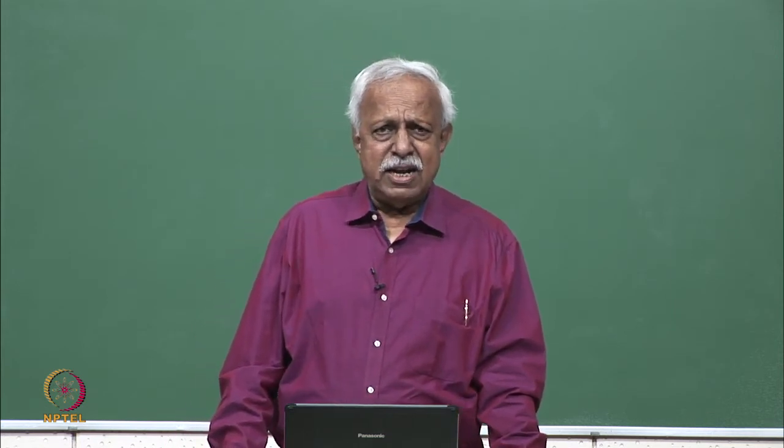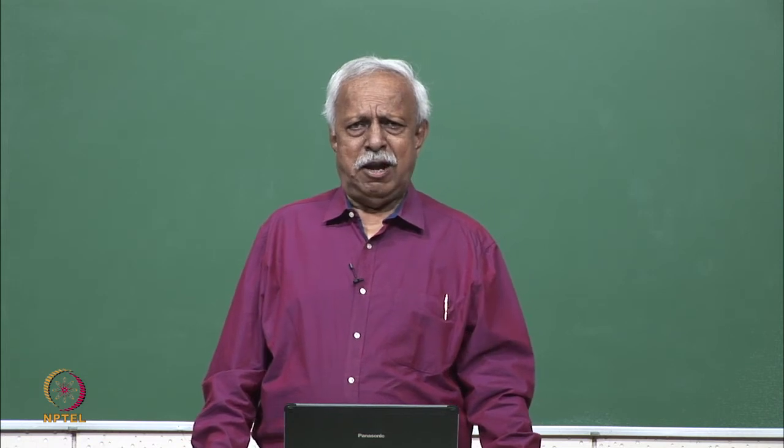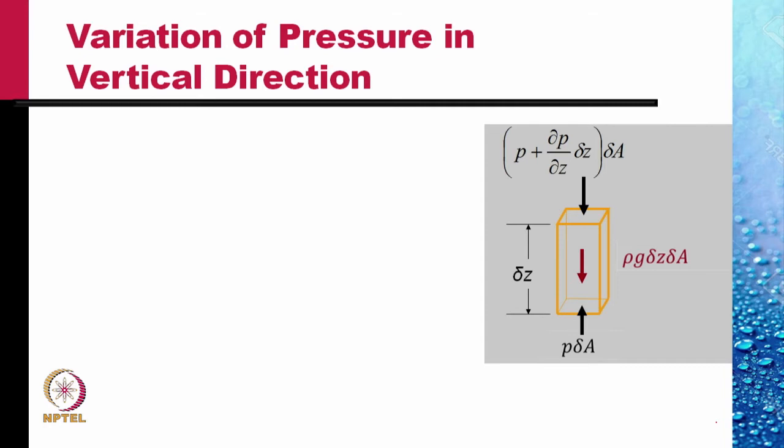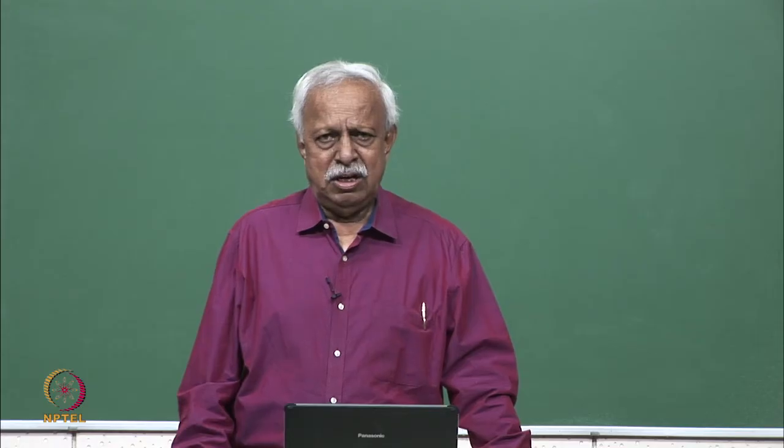But in the vertical direction, there is one more force on the fluid element, that is the weight of the fluid element itself. That force is the volume of the fluid element, delta A delta Z, multiplied by rho gives you the mass of the fluid element, and g, the acceleration due to gravity.